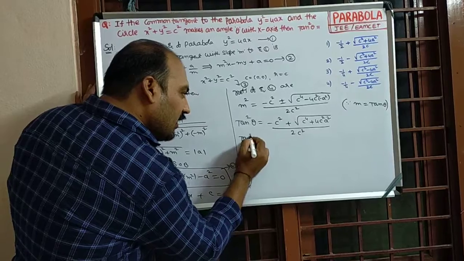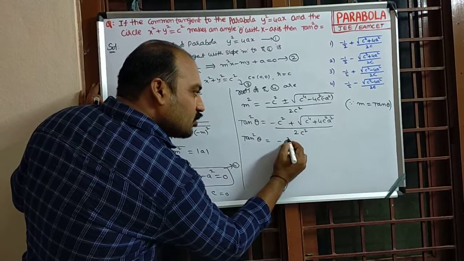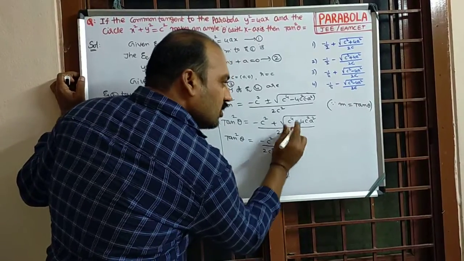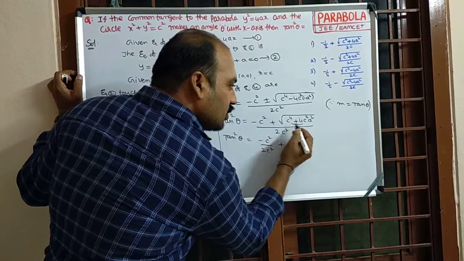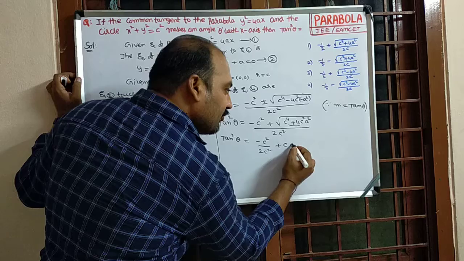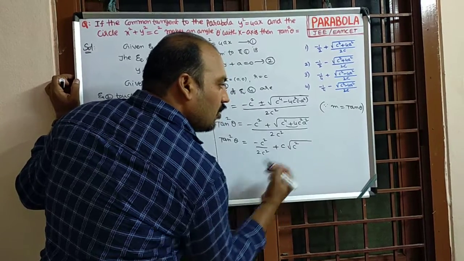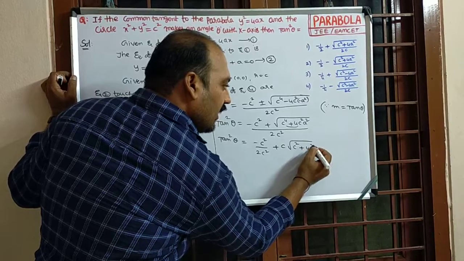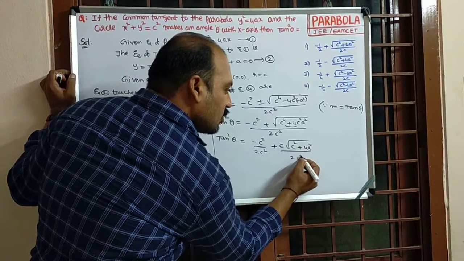Tan square theta equal to minus c square divided by 2c square plus c square. Take common from these two terms: c square you can take outside, c will come, c into square root of c square plus 4a square, divided by 2c square.